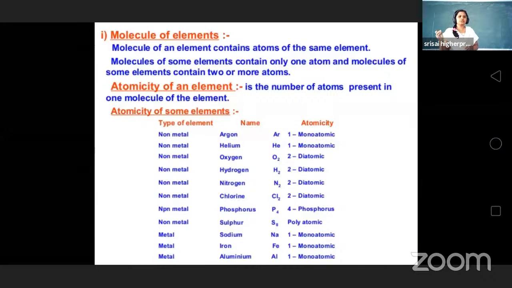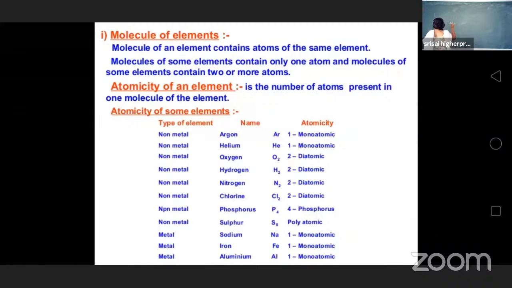Now we come to the type of element, name and atomicity. Atomicity means, students, if the element has only one atom in one molecule, we call it monoatomic. For example, argon. Can you see any atoms in this? No, ma'am.